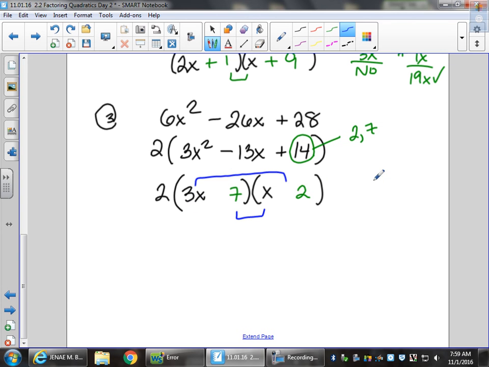So let's check. Outer would get me 6x. Inner gets me 7x. Am I on the right track? Now I see that I have a positive C term, so both have to be positive or both have to be negative. But I have to add to a what? Both negative.